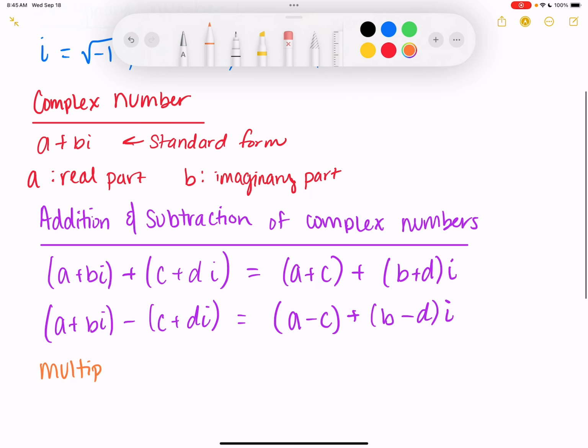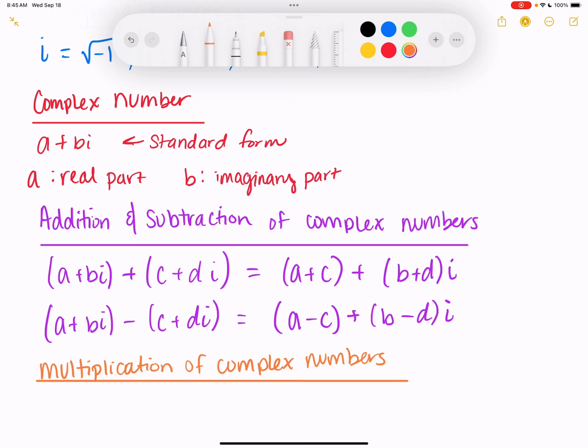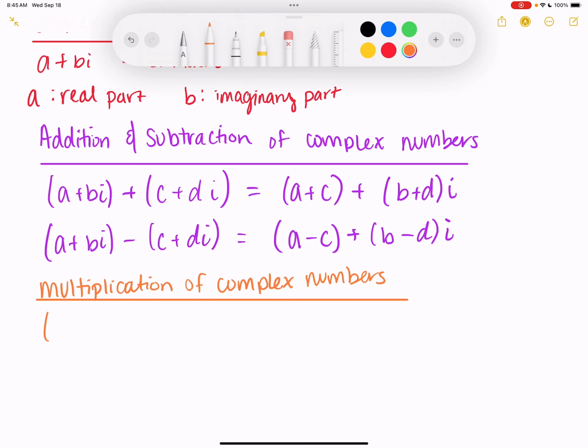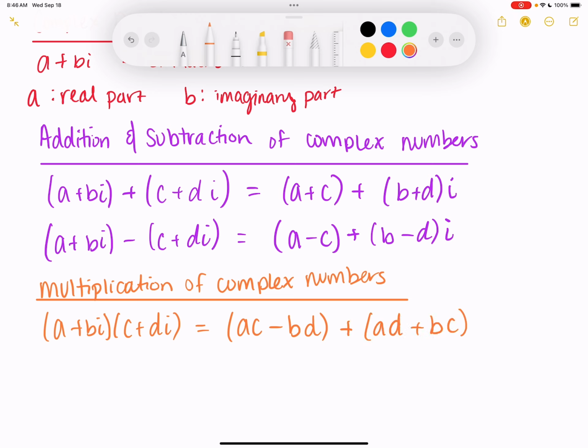Multiplication of complex numbers. So if I have a plus bi times c plus di, what this is going to end up giving us is a times c minus b times d plus a times d plus b times c times I. Obviously, there's some in-between steps.